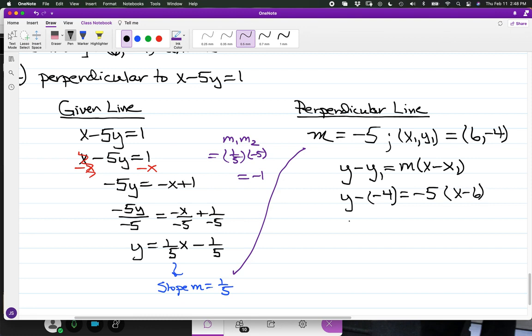So we have the change over to y plus 4. And distributing negative 5 over the quantity of x minus 6, we will have negative 5x plus 30.